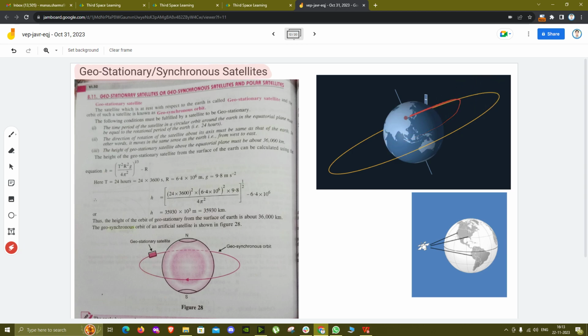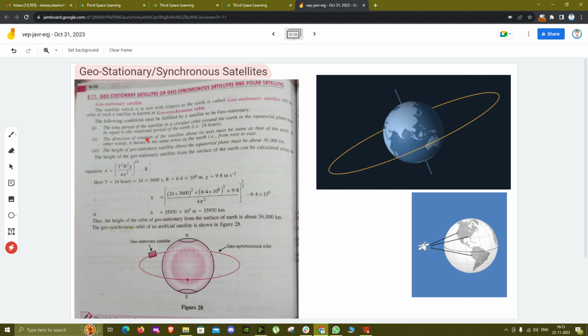So the satellite must lie in the equatorial plane and no other plane. Okay, that will be a different kind of satellite. So this has to be the equatorial plane, and its time period of revolving around the Earth should be equal to the rotation period of Earth, that is 24 hours. They must both have the same time period.